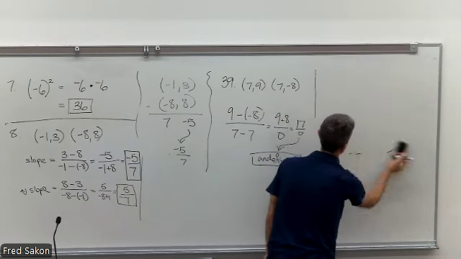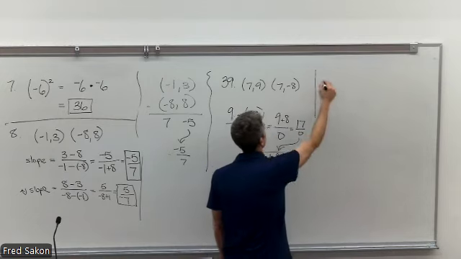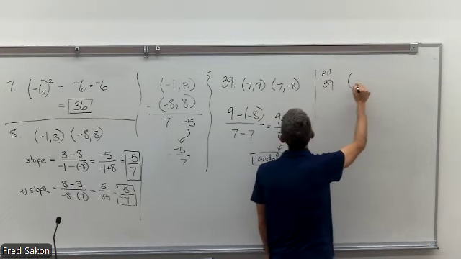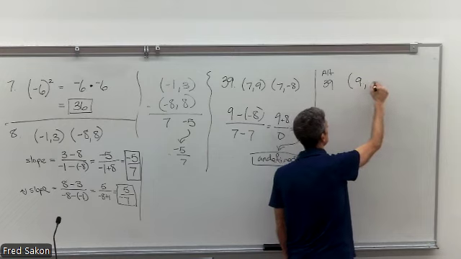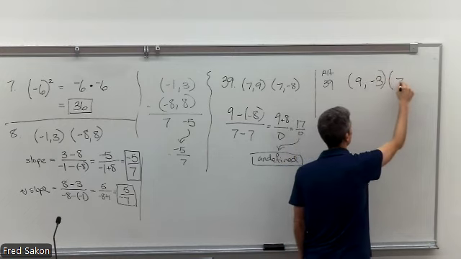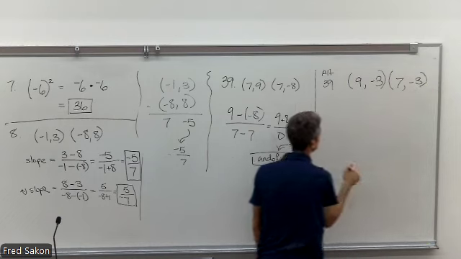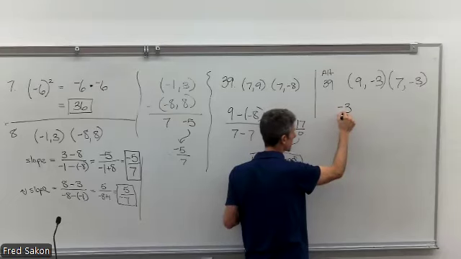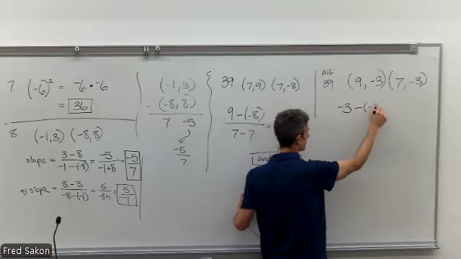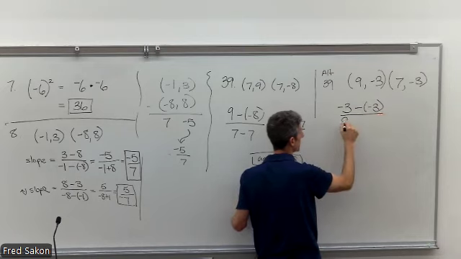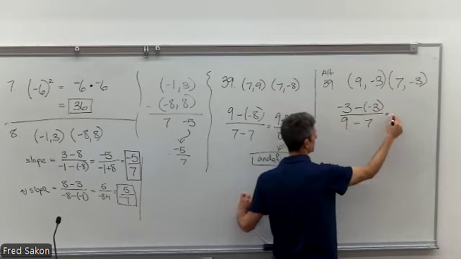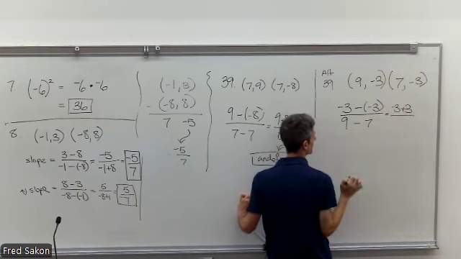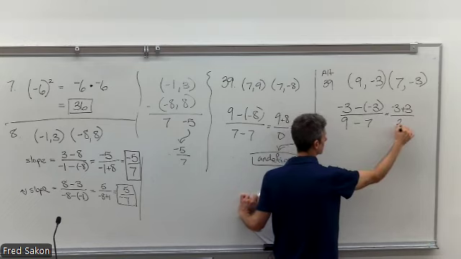Let's do one where it works out the other way around. So I'm going to do alternate number 39 with 9, -3, and 7, -3. Slope, in this case, -3 minus -3 over 9 minus 7, that's -3 plus 3, over 2.